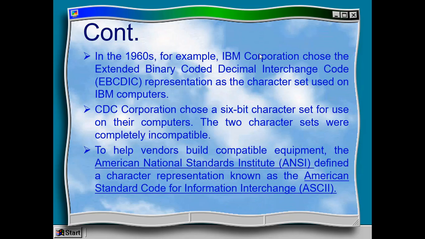In 1960, for a good example, IBM Corporation chose the Extended Binary Coded Decimal Interchange Code, abbreviated as EBCDIC, as the character set used on IBM computers. CDC Corporation chose a 6-bit character set for use on its computers. The two character sets were completely incompatible, right?